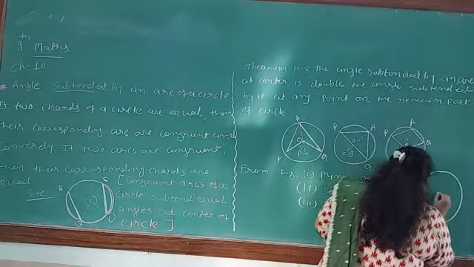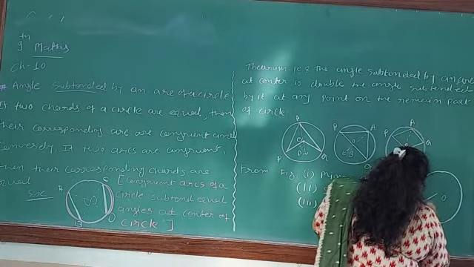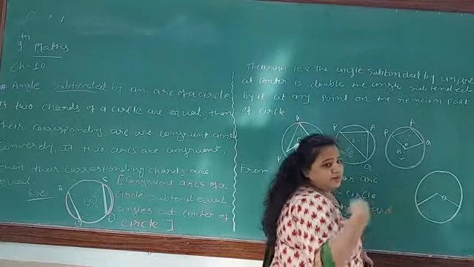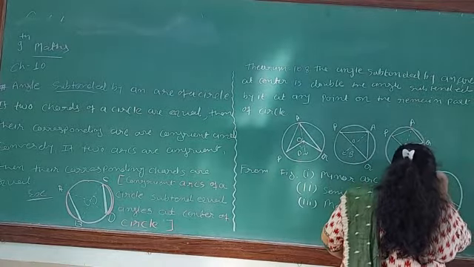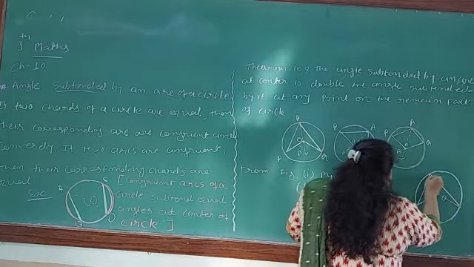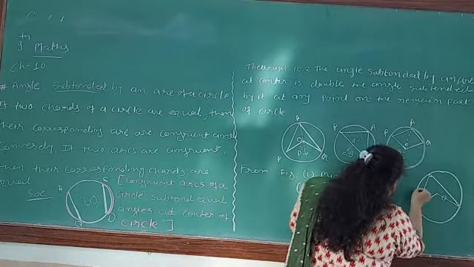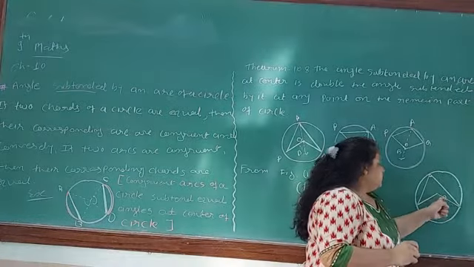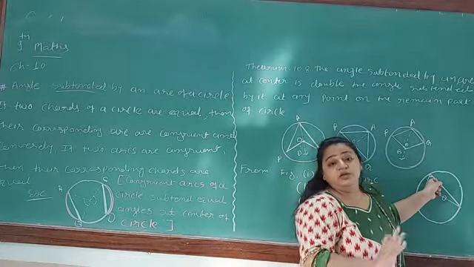If we form any angle with the circle, it is always double, that means multiplied by 2. If any point on the circle, maybe this side, maybe this side, any part on the circle, this angle is always double this angle. That is what they are trying to explain in this theorem.